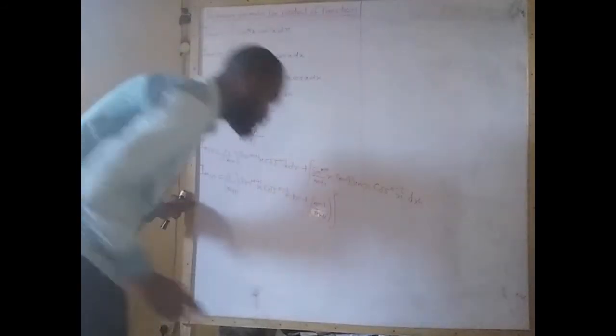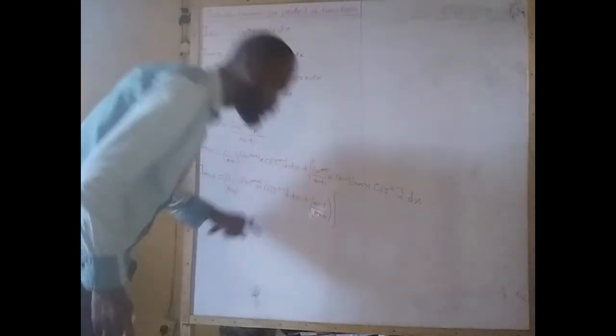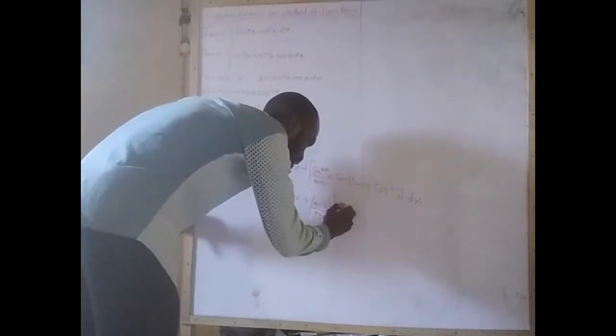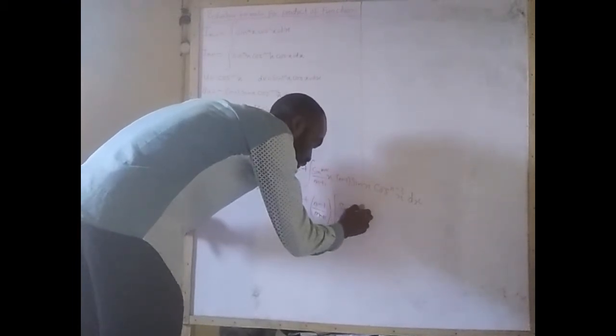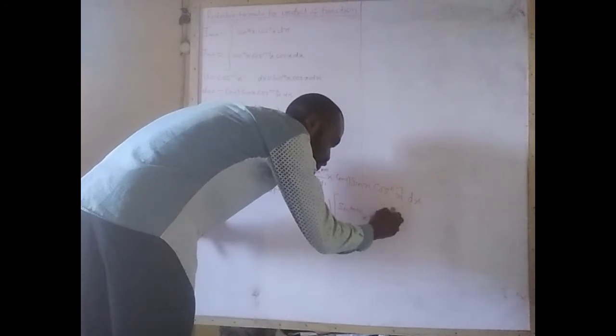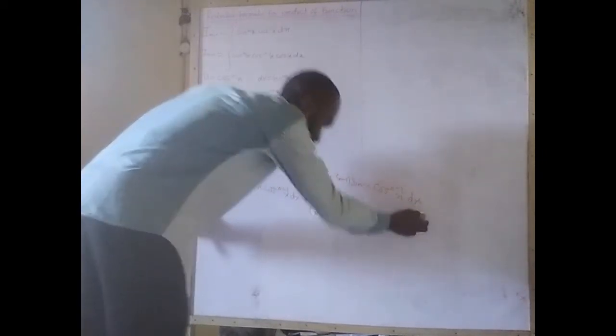Let me combine the function. I have sine^(m+1) multiplying another sine. By the law of indices, this will turn to sine^(m+2) x cos^(n-2) x dx.